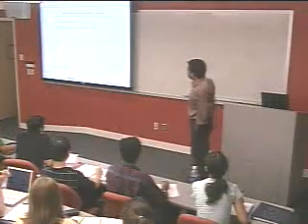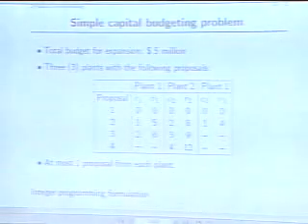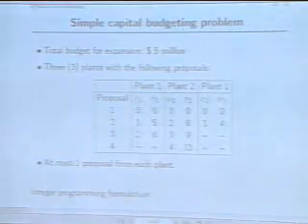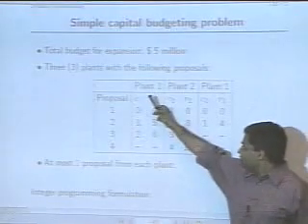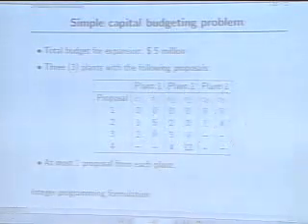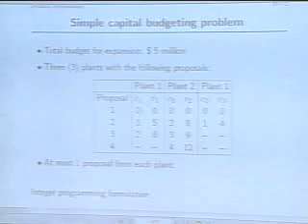Okay, so here's the problem. The problem is that you've got 5 million to spend. It always seems good to have large numbers. And what you want to do is use this money to upgrade 3 different plants. So this should be plant 3, not plant 1. So you're running 3 different plants, plant 1, plant 2, and plant 3. You've got a total of $5 million to spend, and each of these plants have submitted 1 or more upgrade plans.